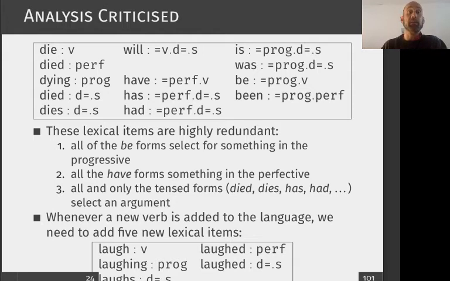Only they select a D. And moreover, they select a D and an S. So that's a robust group of regularities here.